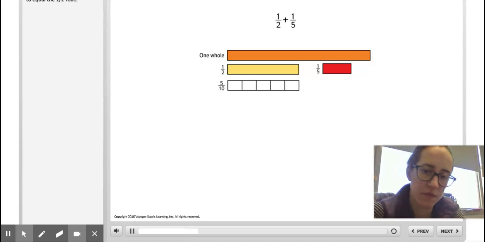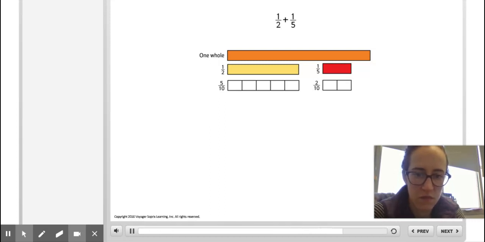So tenths are a common denominator for 1/2 and 1/5. We use 5 1/10 rods to equal the 1/2 rod, and 2 1/10 rods to equal the 1/5 rod.